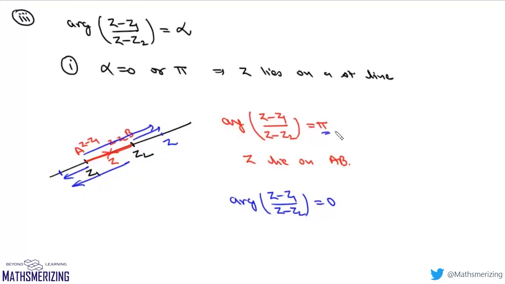So if it is pi, it will represent all the points in between AB, and if it is equal to 0, then it will represent all the points on this line except the points between A and B.